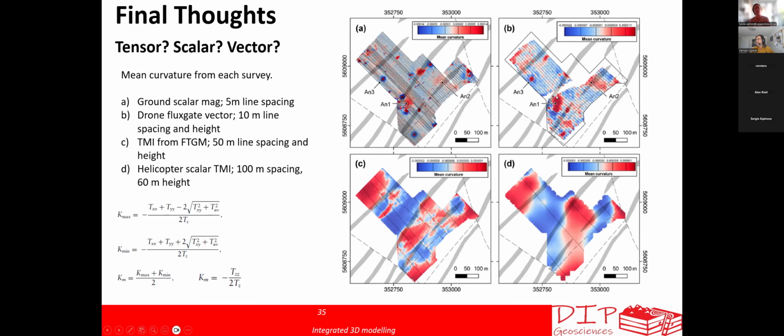Then the drone, the problem of that as well is that since you have much more data, it's more prone to high frequency noise as well. And as a result, I still believe that this one is better even than the drone and the ground survey.